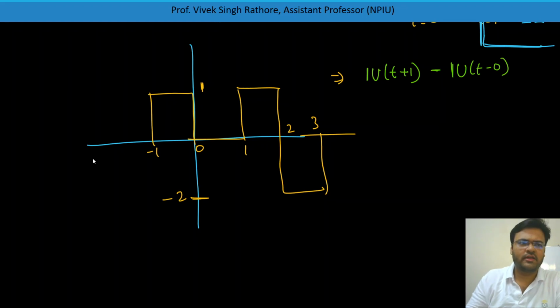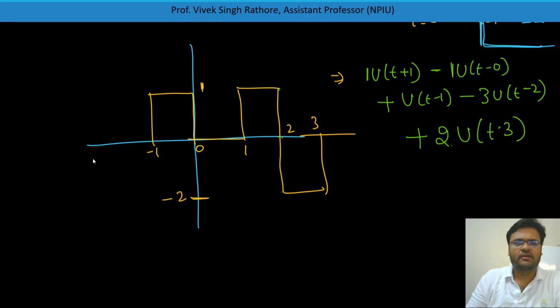Then this will go on, and again there is a step change of 1, u(t-1). And then a step change of, I think, -3 at t equal to 2. And then again there is a step change, so there will be, I think, +2 u(t-3). This is the mathematical representation of this type of signal.